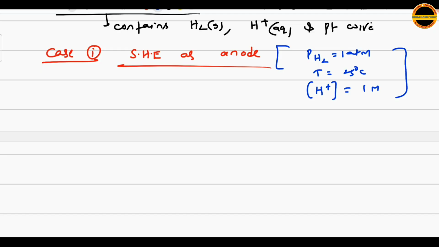Under such standard conditions, the hydrogen electrode, which we refer to as the standard hydrogen electrode, is used as anode. So if it is used as anode, remember the reaction.